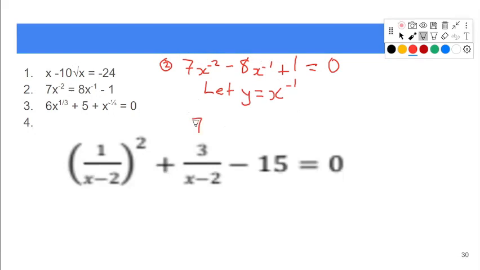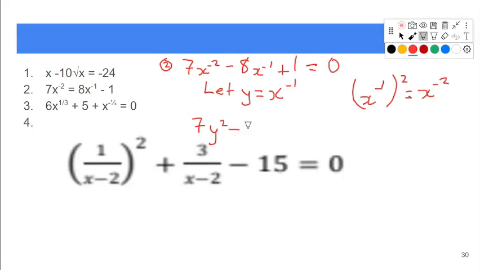So we can say 7 times y squared, because x to the power of negative 1 squared, of course, is just the same thing as x to the power of negative 2, if you remember your indice laws.